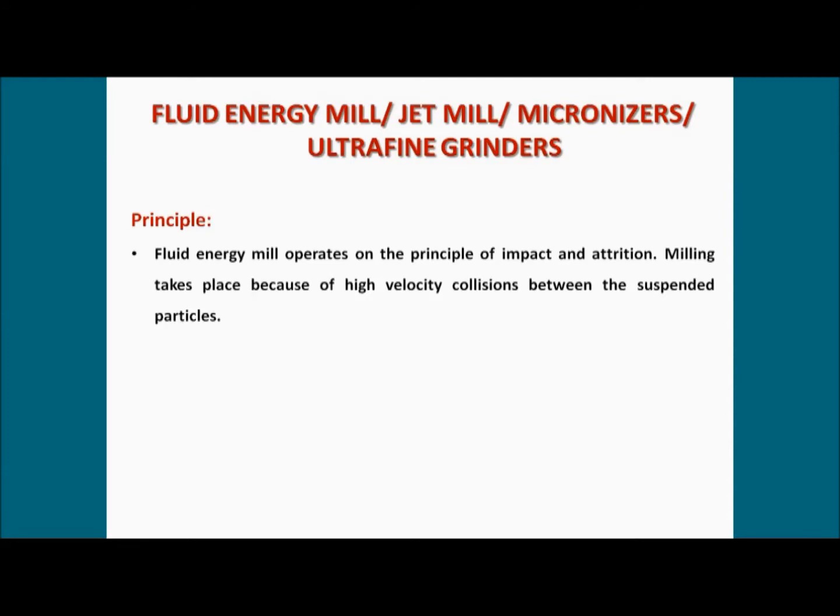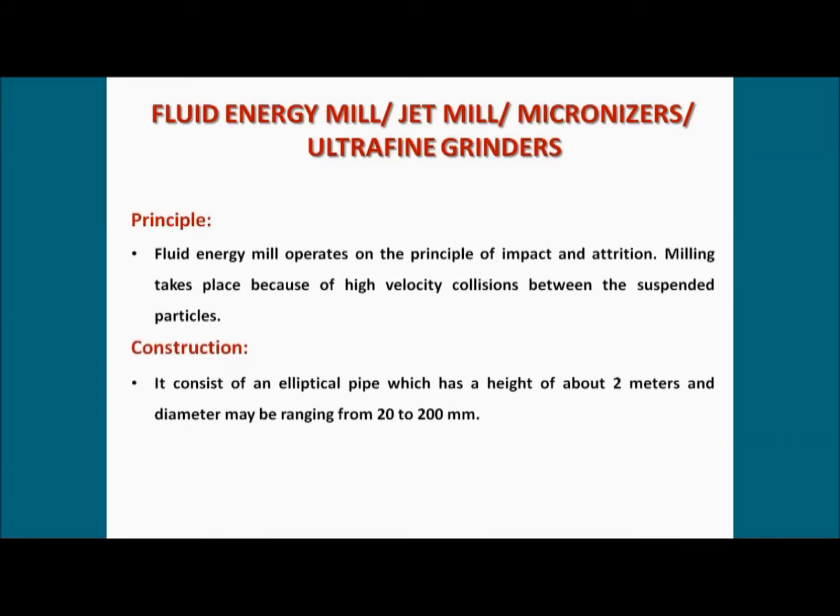The milling takes place because of high velocity collision between the suspended particles. Basically, the particles which you want to grind are allowed to collide or strike with one another by virtue of some external force. This external force is supplied by moving high velocity air, and these particles, as they are suspended, collide with one another and get ground.